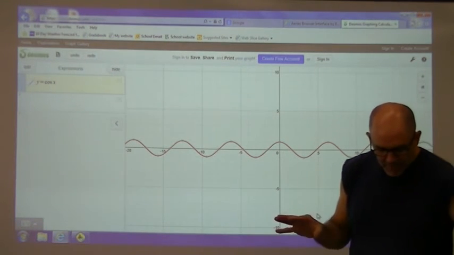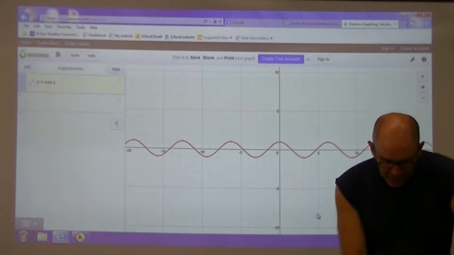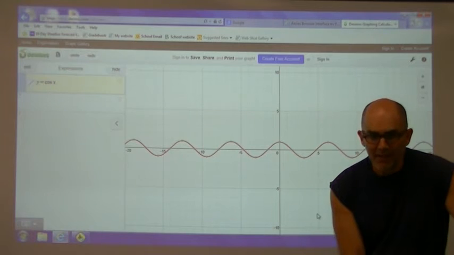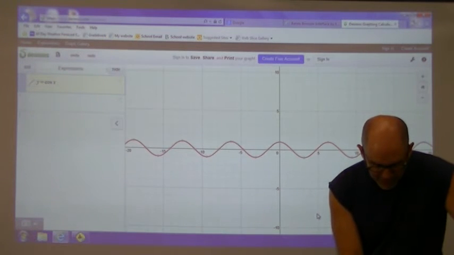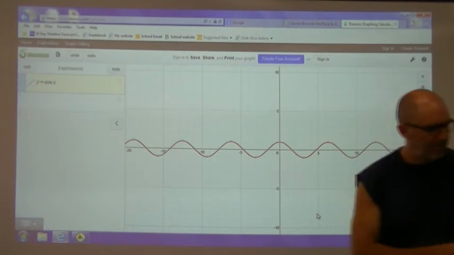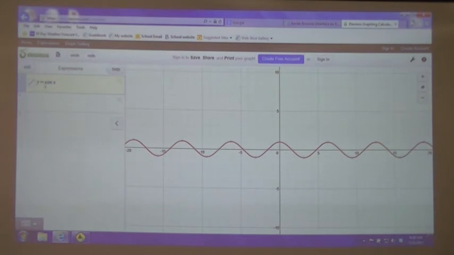Now when we're talking about the minimums, 3 is the location of the relative min. That's where f prime of x would equal 0. Let's just do this real quick here. I know what we should do.